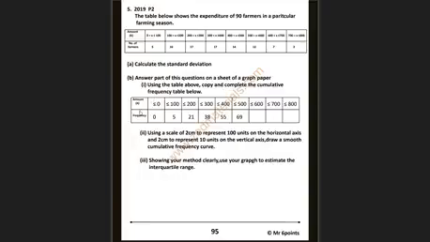This first row that's showing amounts here, you can see in the first box you have a range of 0 to 100, 100 to 200, 200 to 300, 300 to 400, and so on. So these things have been put in groups. The table shows the expenditure of 90 farmers in a particular farming season.